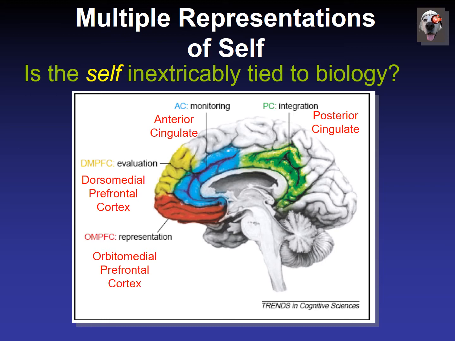And that appears to be performed in part by the dorsomedial prefrontal cortex, here in yellow. And then we also discussed the notion of integration, that we have to bring all these different aspects of the self together into a unified concept of the self, and that might be performed by the posterior cingulate region, giving us an integration of the different aspects of the self.